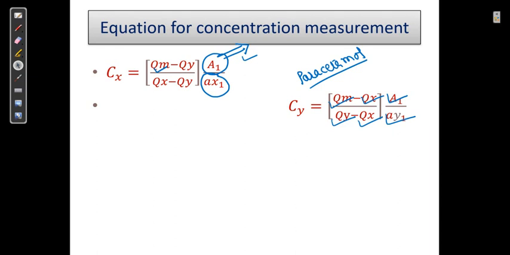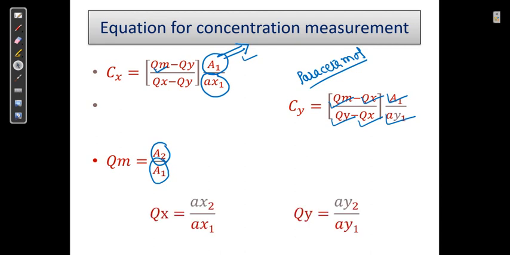After getting these, we need to consider Qm. What is Qm? Qm is A2 divided by A1. Qx is Ax2 divided by Ax1, and Qy is Ay2 divided by Ay1.